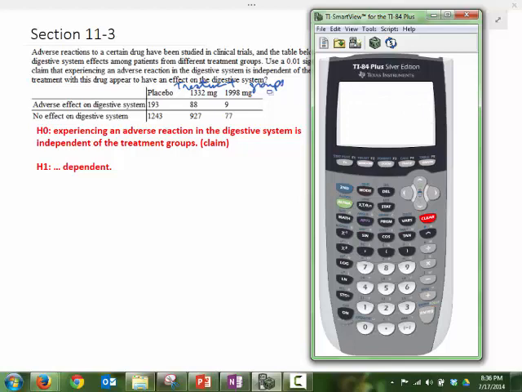And then I'm going to hit stat, go to test, and look for chi-squared test.